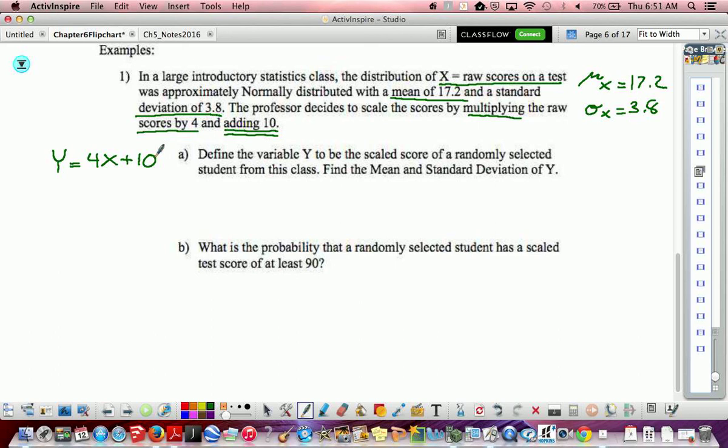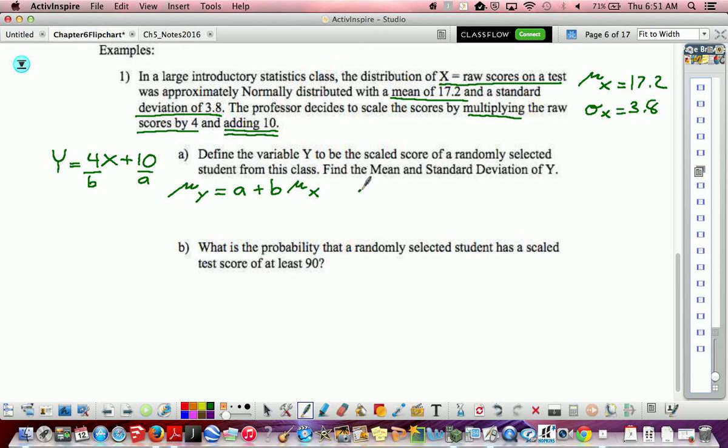It says find the mean and standard deviation of y. So if I'm trying to find the mean of y, I find it by going a plus b times the mean of x. Notice how here is my b value. It's the number in front of the x. Here's my a value. I know I wrote it in reverse order, but you should still be able to identify the y-intercept and the slope.